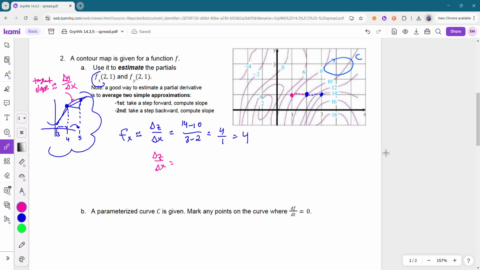Our z2 we said was 8, subtract our original, which was 10. Our new x is 1, our old x was 2. And so we get -2 over -1, which is 2.